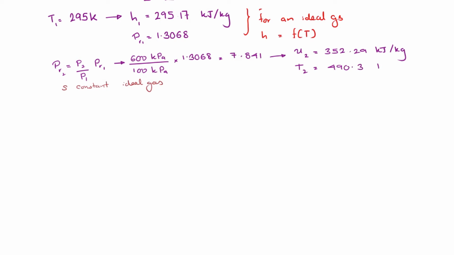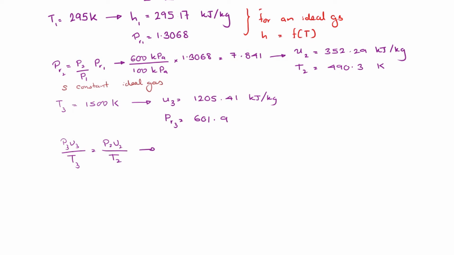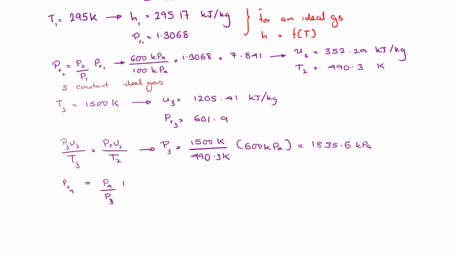Since T3 is 1500 Kelvin, we can find U3 and PR3 values from table A17, and since process 2 to 3 is a constant volume process, PV over T is a constant. It's an ideal gas. So we can build a relationship between pressure and temperature. So we can write P3 is equal to 1835.6 kilopascal.